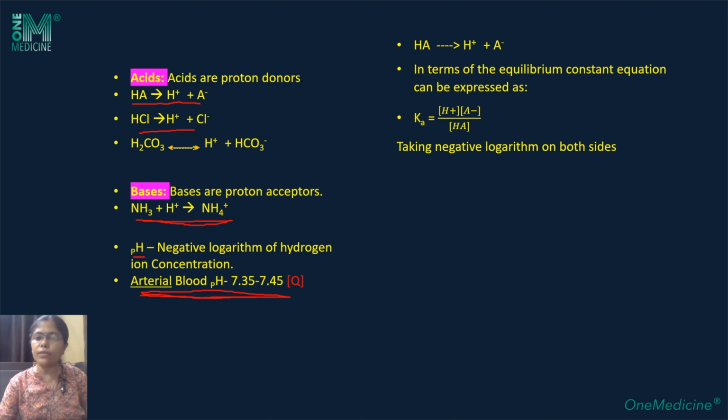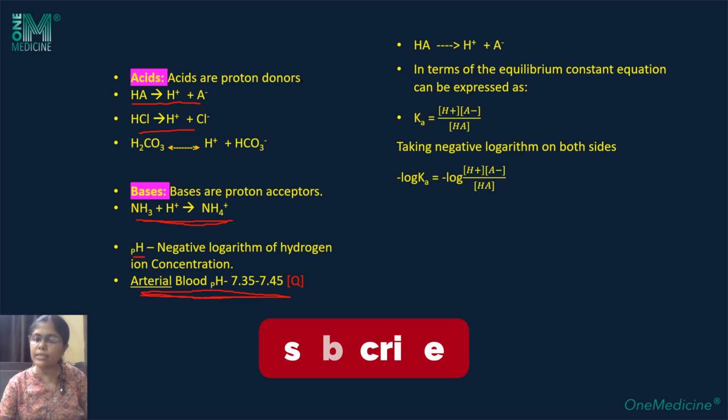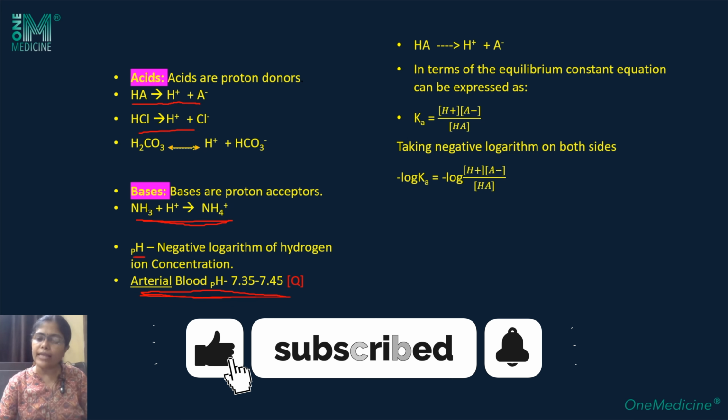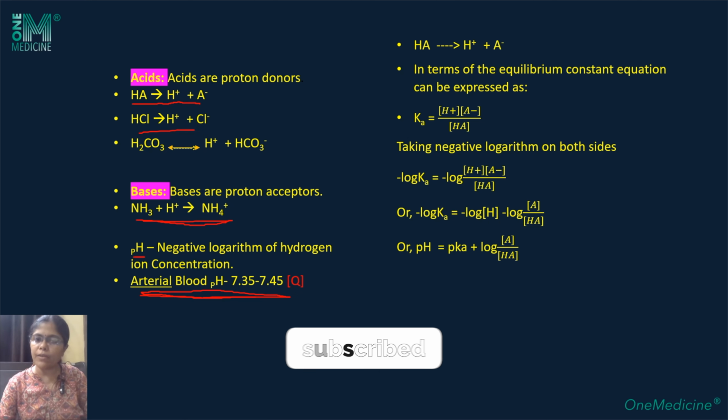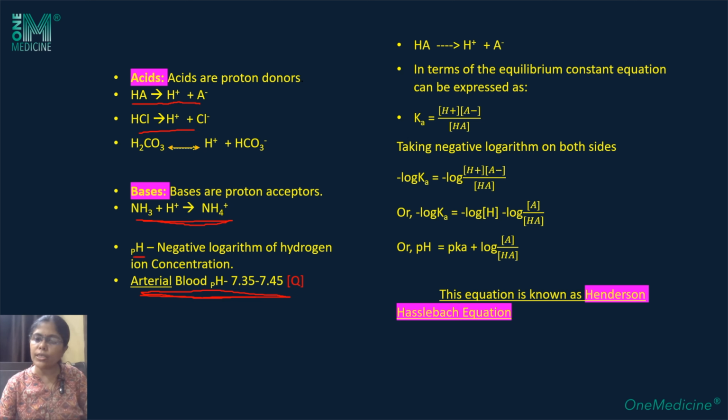Taking negative logarithm on both sides, we have minus log Ka equal to minus log the product of active masses of H plus and A minus divided by active mass of HA. This can be further simplified to pH equal to pKa plus log A minus by HA. This equation is known as the Henderson-Hasselbalch equation.